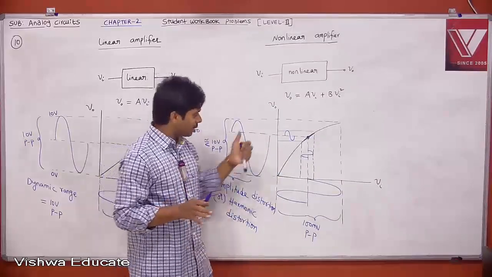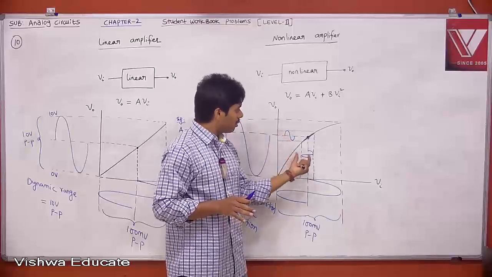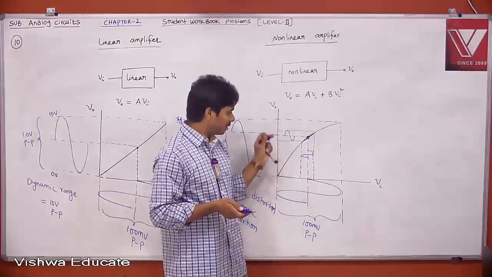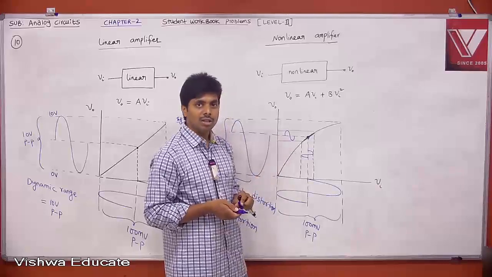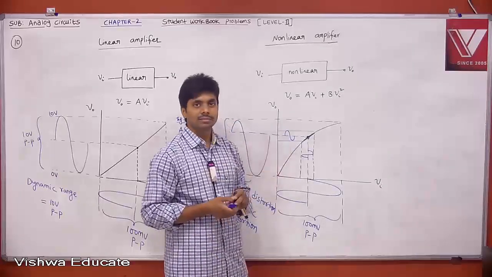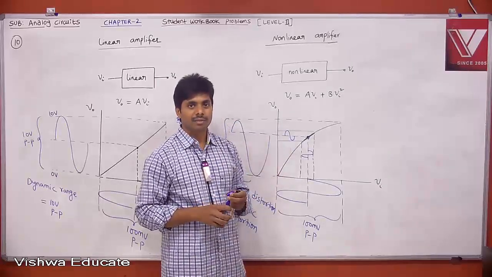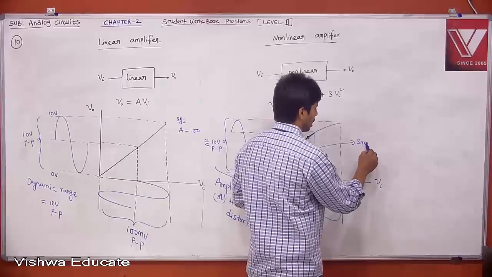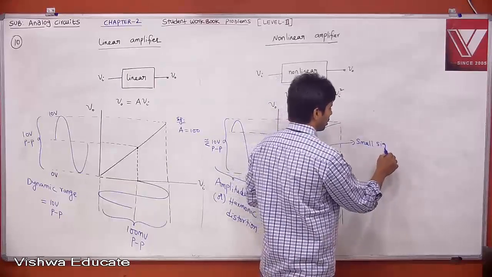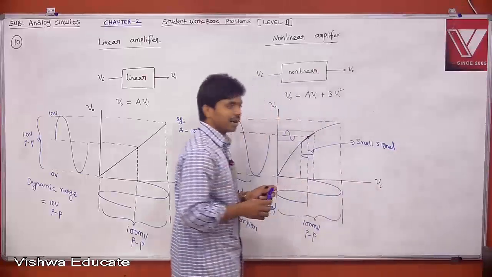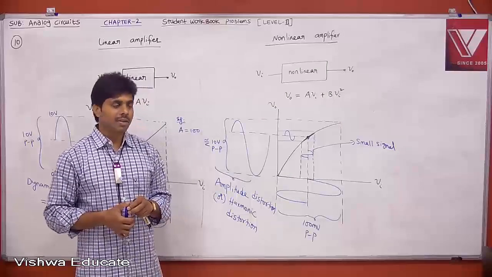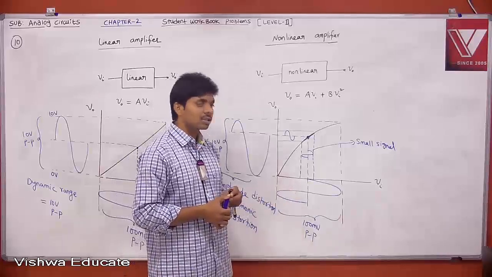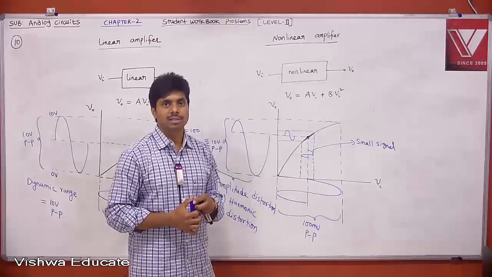To not see any harmonic distortion, your dynamic range should be lesser. We need to apply a small signal. This is what is called small signal. That's why for all your amplifiers, the first stage amplifiers are all small signal amplifiers. We will give small signals, not large signals.